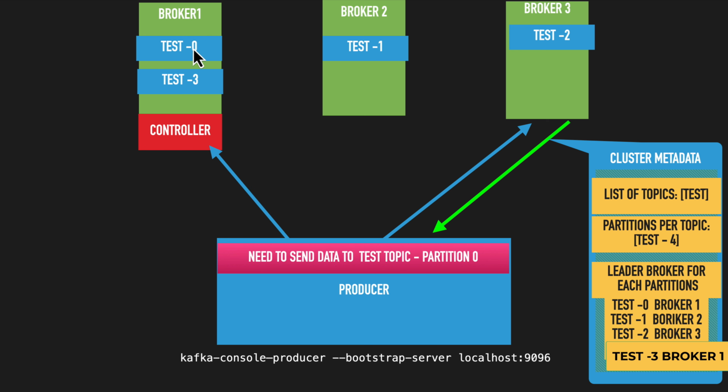We might have replicas for test 0 as well, over here and over here. But the data will always be sent by the producer to the leader partition. Test 0 being the leader partition available inside broker 1, broker 1 will handle the traffic from the producer.